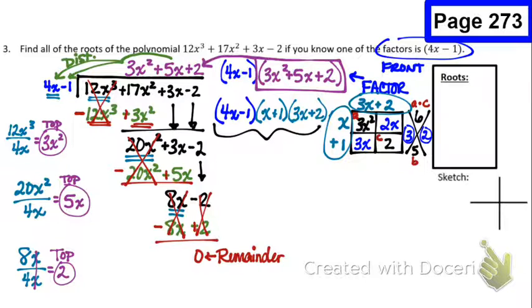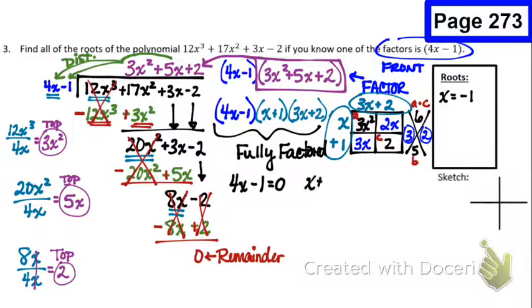How do I find my roots now? Set them each equal to 0. Easy one is negative 1. There we go. X equals negative 1. 4x minus 1 equals 0. What would that one be? 1/4.